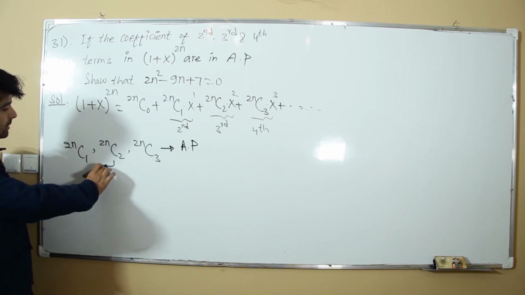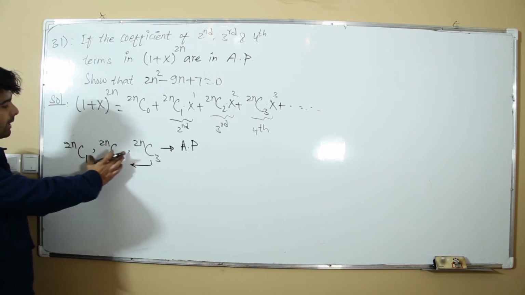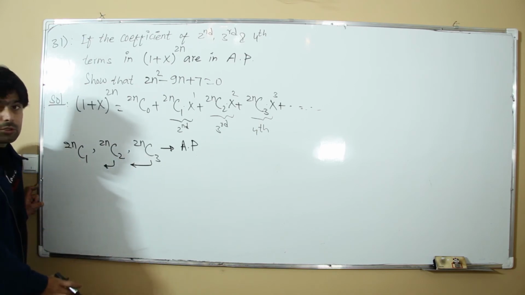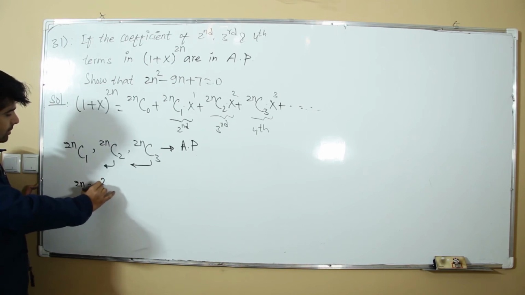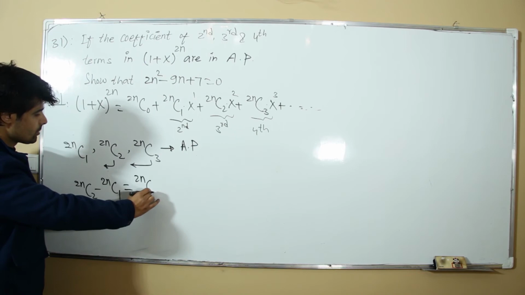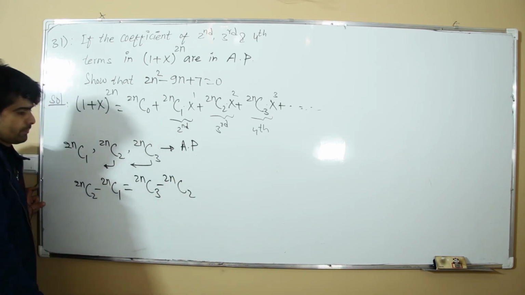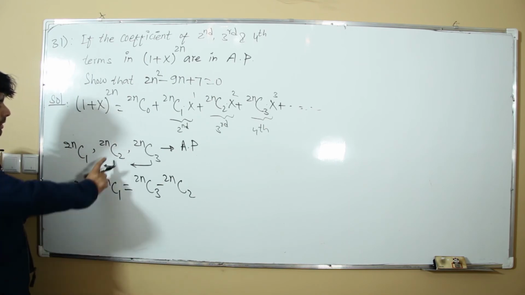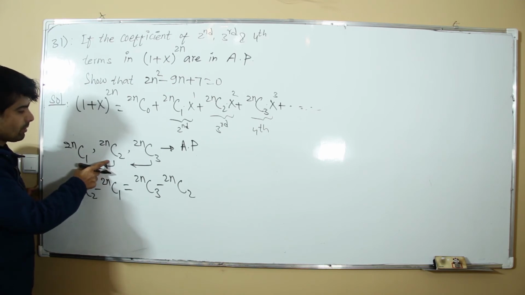The subtraction of every pair of terms should be equal. I mean 2n c2 minus 2n c1 should be equal to 2n c3 minus 2n c2. Am I right? You have to subtract these terms, or subtraction of the consecutive pair terms.